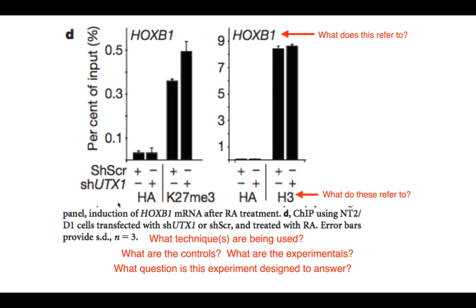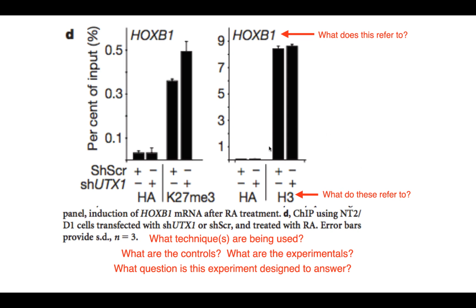In those cell types, we are first doing our control with a ChIP experiment with an antibody that binds to the hemagglutinin protein. Now, hemagglutinin is not expressed in these cells, and therefore we don't enrich for any of the HOXB1 DNA. Good, that's our negative control.